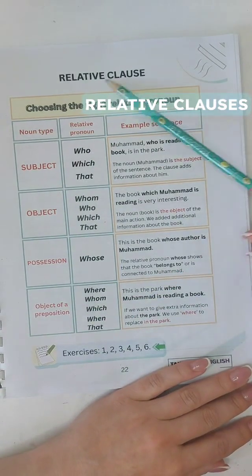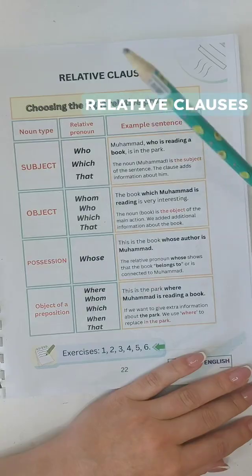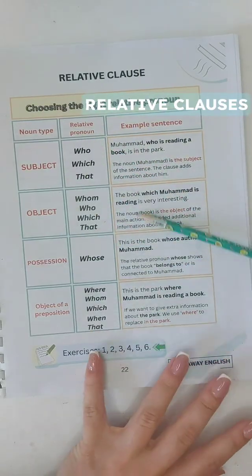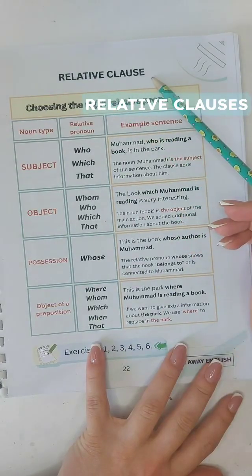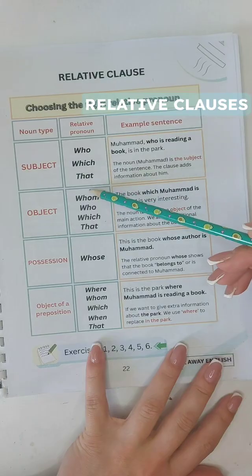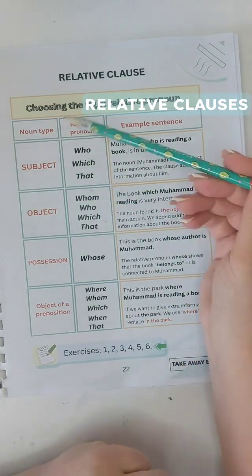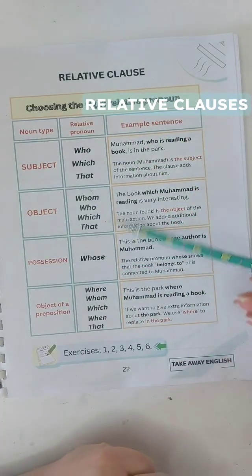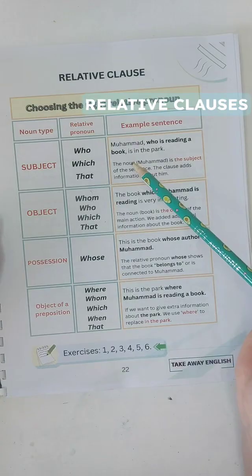And here we have all the relative words. These words we can use when building relative clauses. They are bridges. They help us build complex sentences.